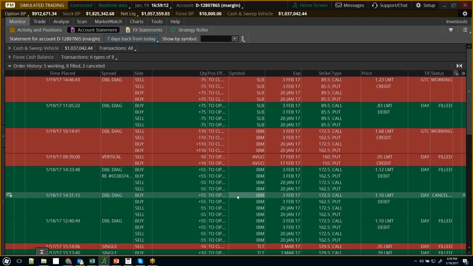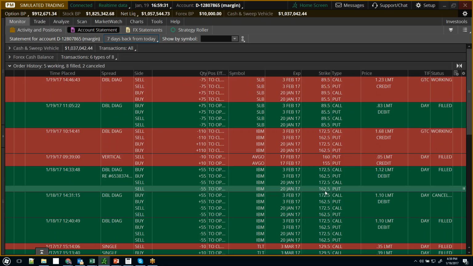So we put this trade on for $1.10. Now, when I set this up, I know some basics about the trade. This is a debit trade, and just due to its nature, our max risk on this trade is equal to the amount of money we spend on it. Now, a credit would actually have a slightly different calculation, but in this case, the margin or the cost, whatever you want to call it, is based on the debit of the trade.